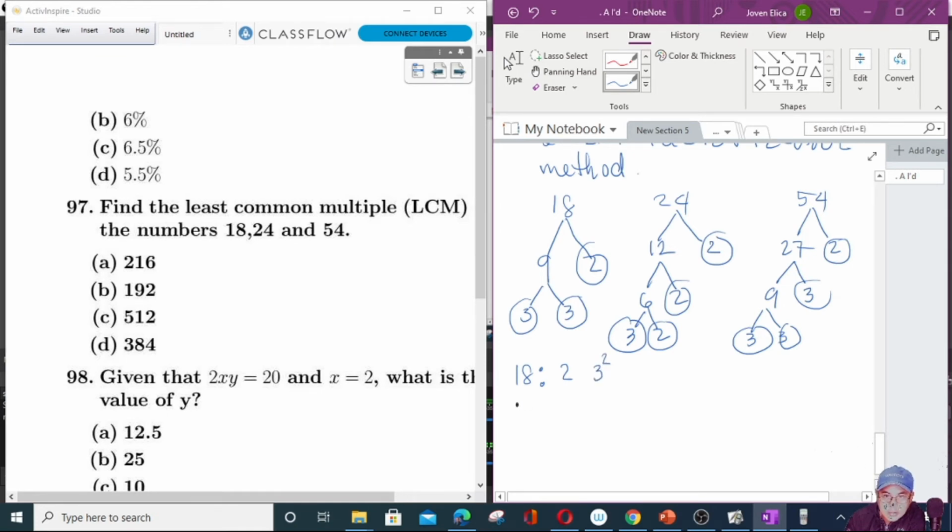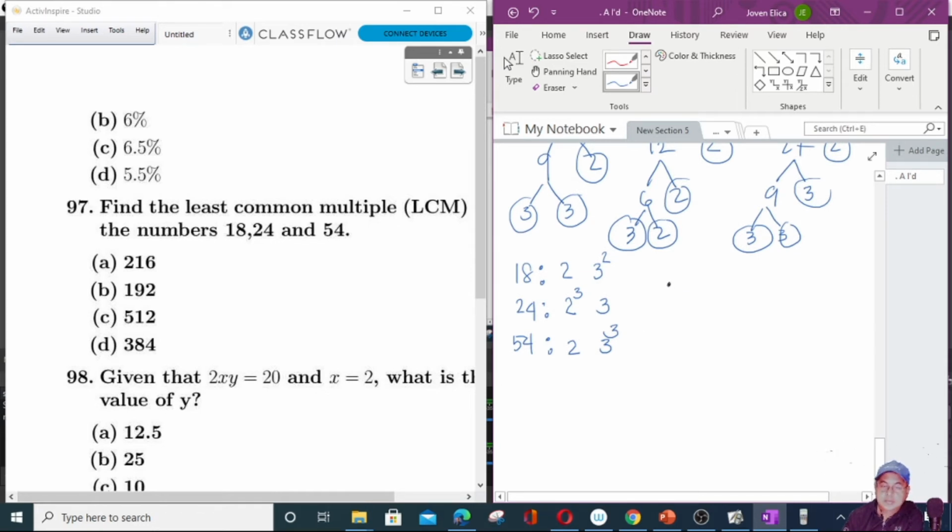And 24, we have 3 twos, so we have 2 raised to 3, and we have 1 3. And then for 54, we have only 1 2, and then we have 3 cubed.